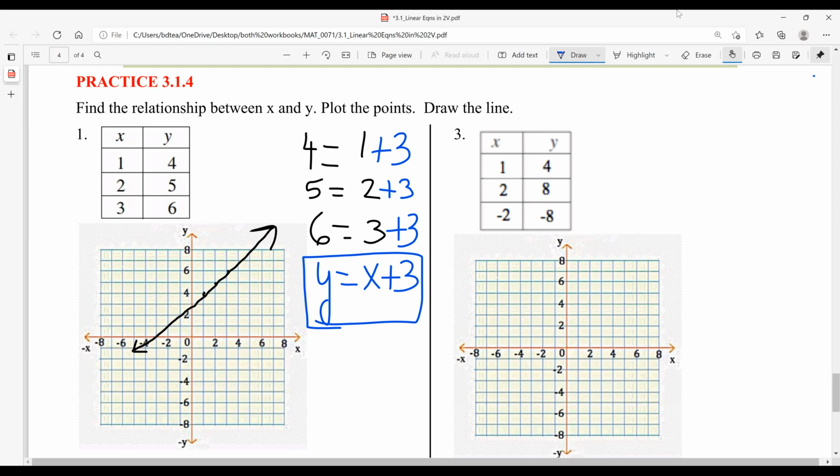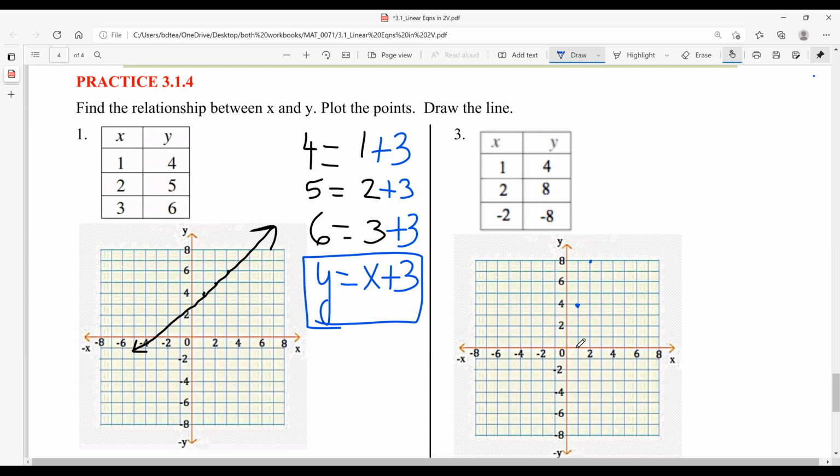Again, I'm going to plot the points first. The point (1, 4): 1, 2, 3, 4 is here. (2, 8): we're going up here to 8. This is the point (2, 8).